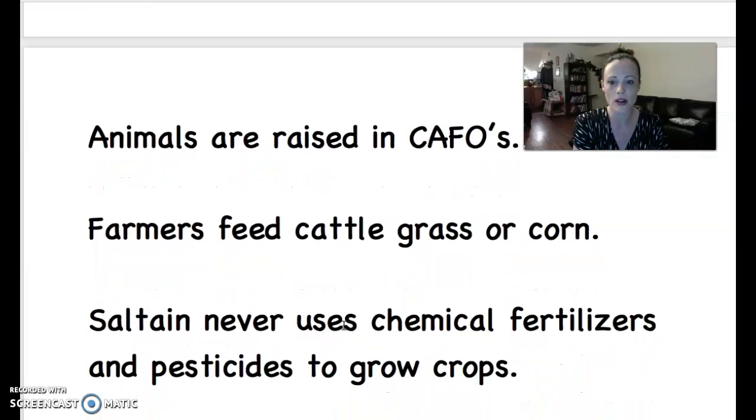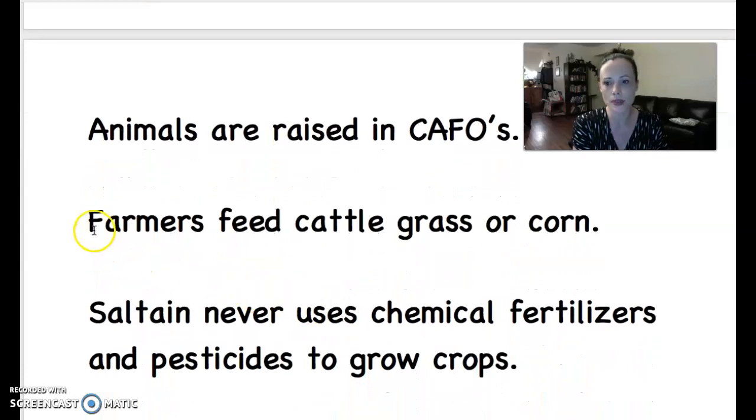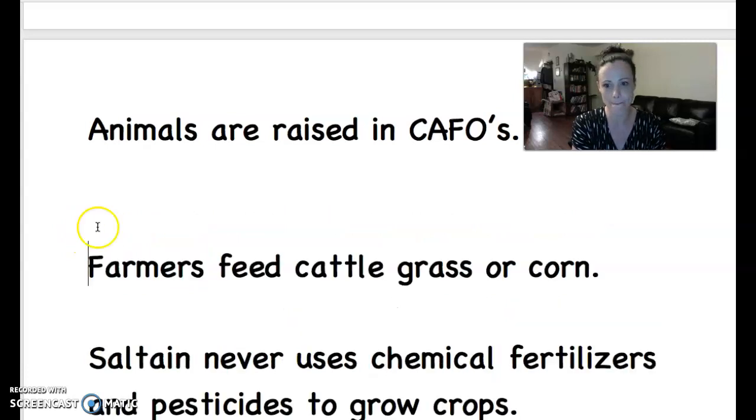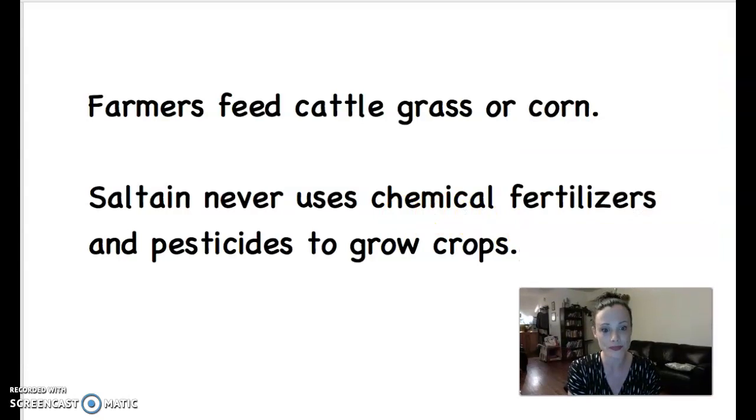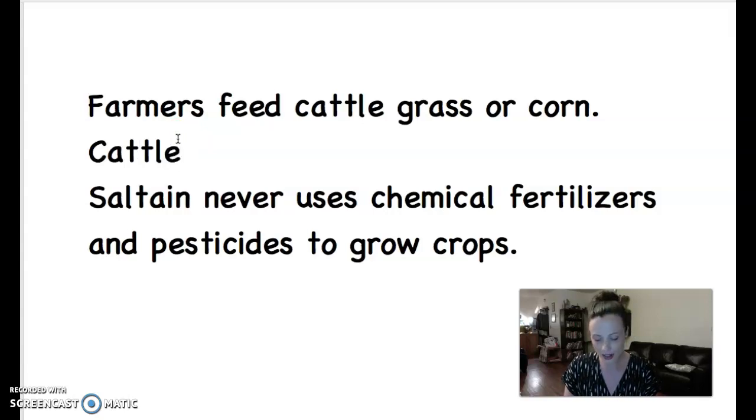Let's look at a couple more examples. Farmers feed. I saw this one a lot of times. So farmers feed cattle. I saw a lot of sentences like this.